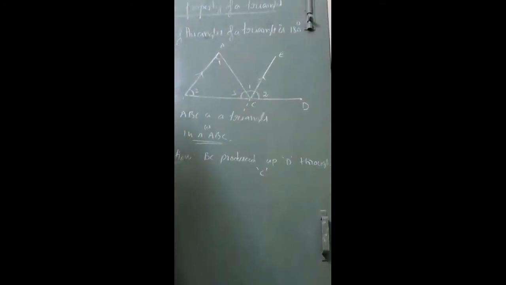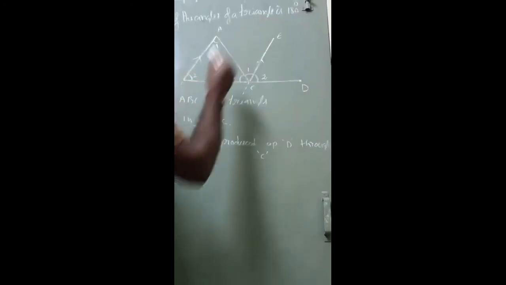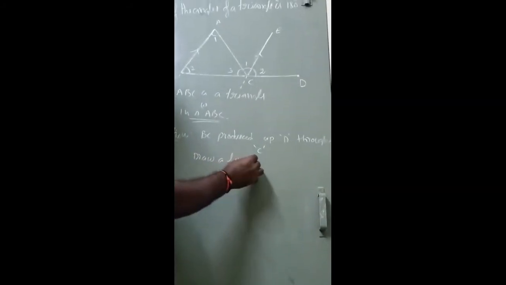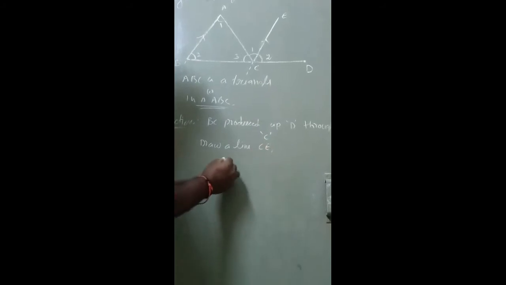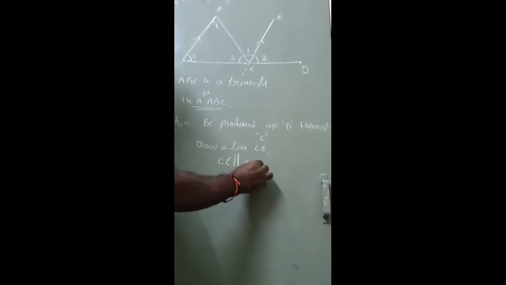And draw a line CE, but CE is parallel to AB.